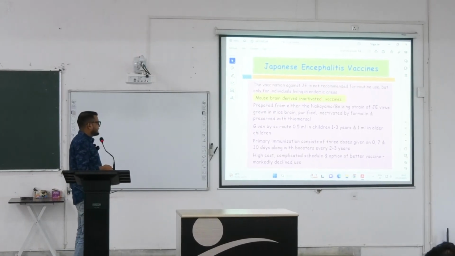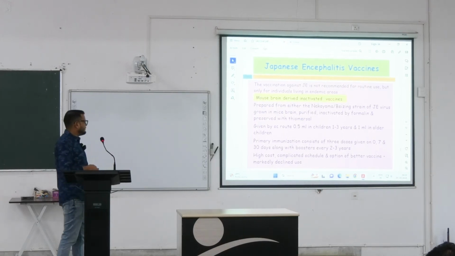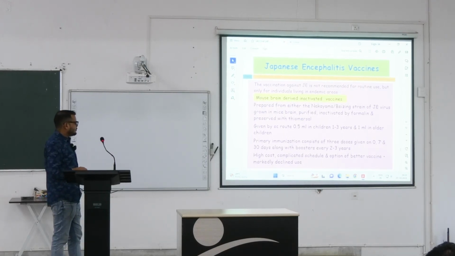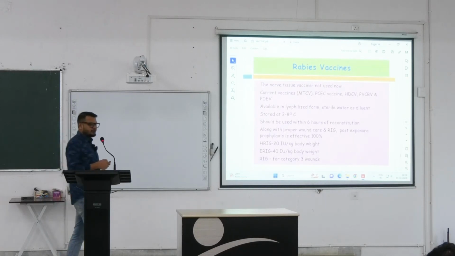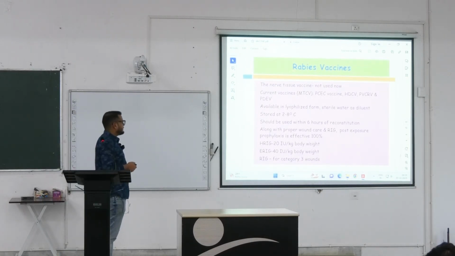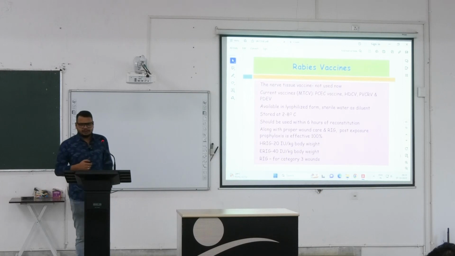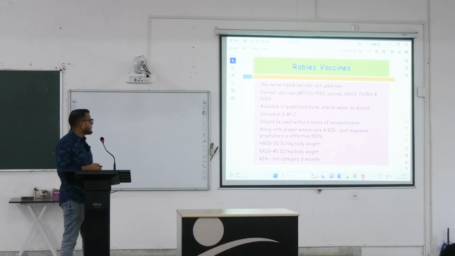Mouse brain derived inactivated vaccine is a JE vaccine given as 0.5 ml in children 1 to 3 years and 1 ml in older children. Primary immunization consists of 3 doses given on 0, 7 and 30 days along with booster doses every 2 to 3 years.